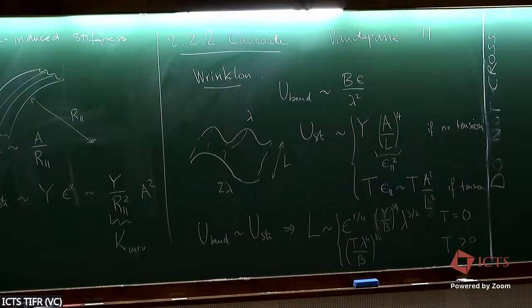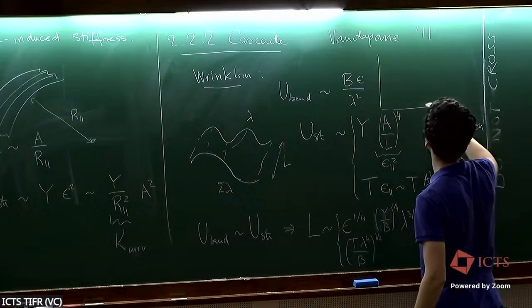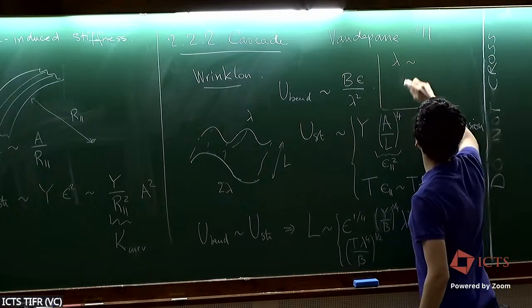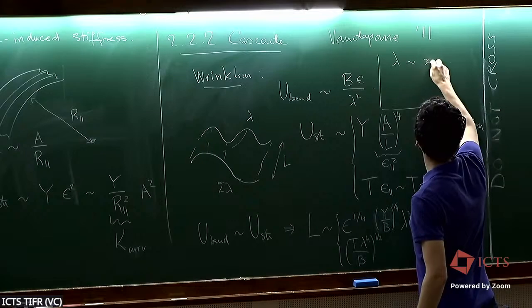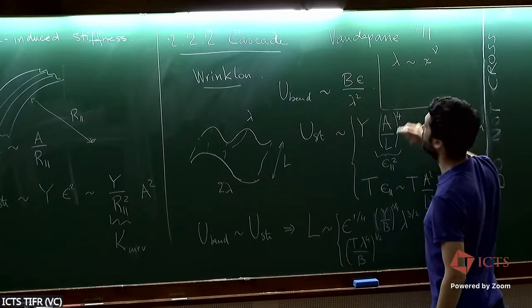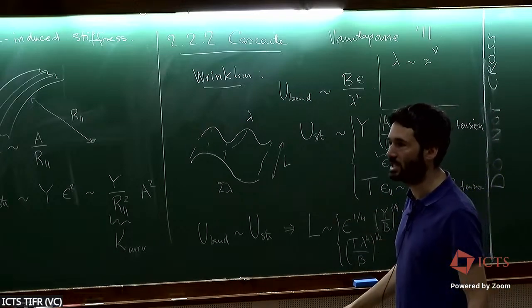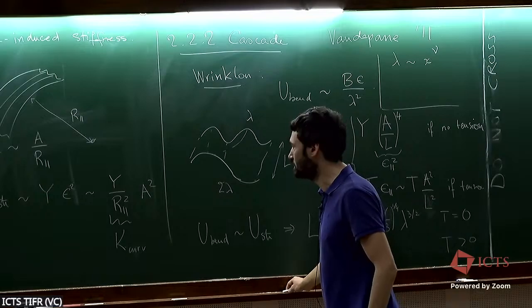So from this, they could deduce a law where lambda is the distance to the top to some power nu, which depends on the two cases. And this can be seen in experiment.